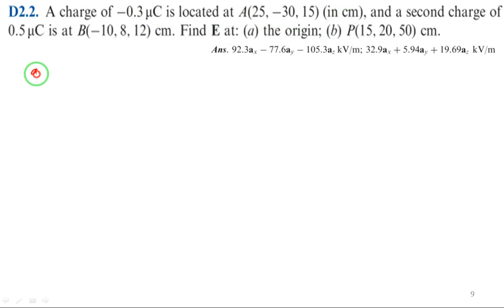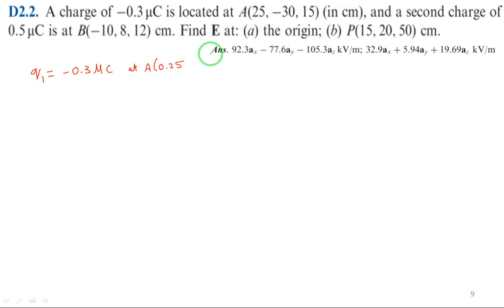So let me call this first charge Q1. It is minus 0.3 microcoulomb. It is located at A, given in centimeters. I will convert it into meters. 25 into 10 power minus 2 means 0.25.